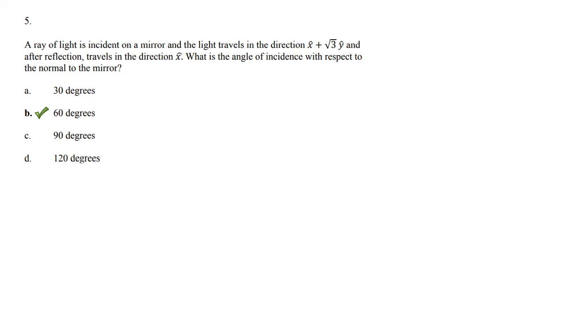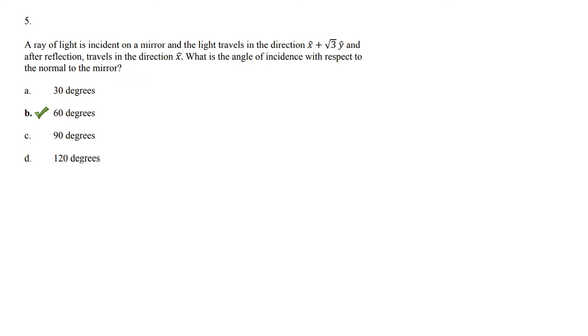What is the angle of incidence with respect to the normal to the mirror? Option A 30 degree, option B 60 degrees, option C 90 degrees, option D 120 degrees. And you can see that 60 degree, that is option B, is the correct answer given in the TIFR website. Okay, so let's analyze this question and see if we get the same answer or not.